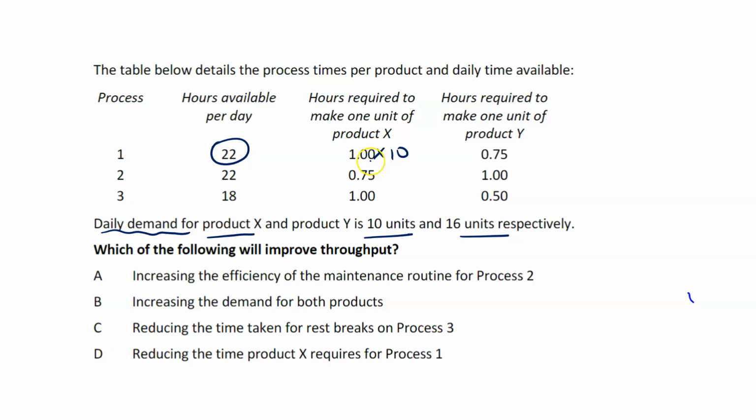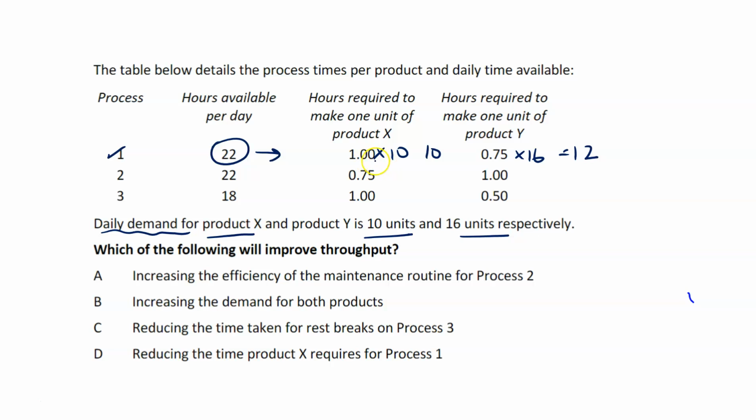You're using 1 hour to make a unit, so that's 10 hours there, and of course 16 units here. So this is 10, and 0.75 times 16 happens to be 12. So actually you have enough time to make this; process 1 has enough time. There are enough hours.